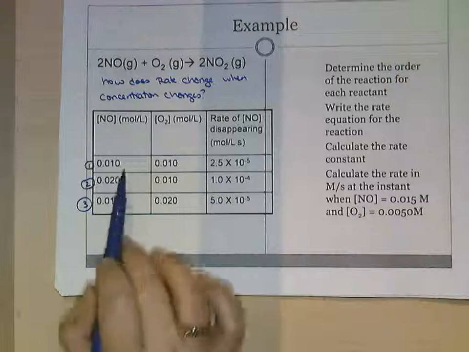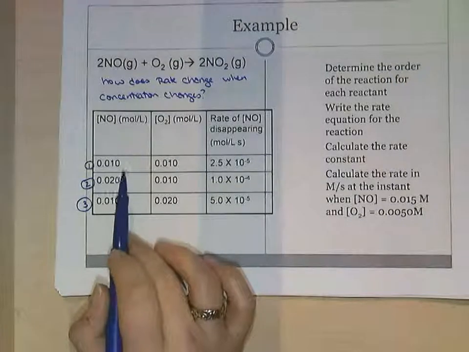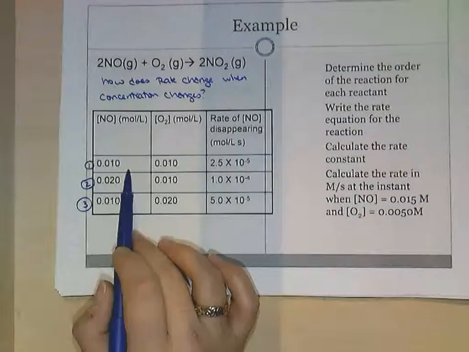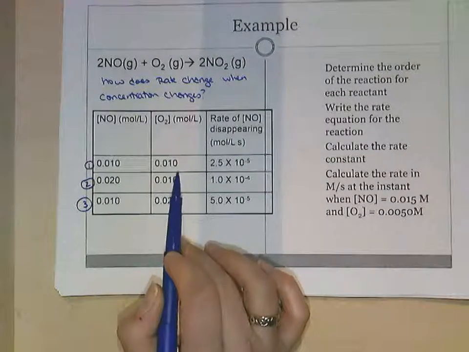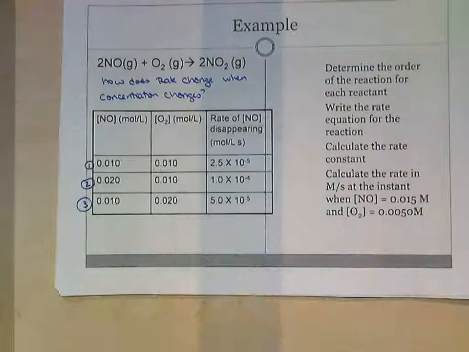So here I have experiment 1, and I have 0.01 molar NO, and I have 0.01 molar oxygen. I want to compare that to another experiment.